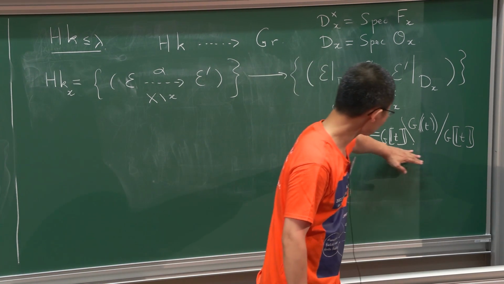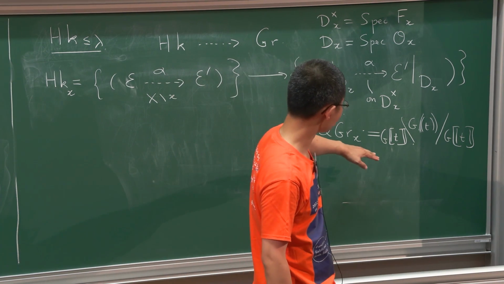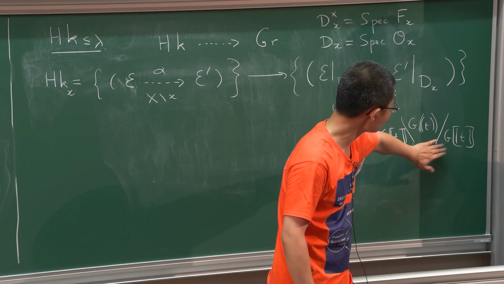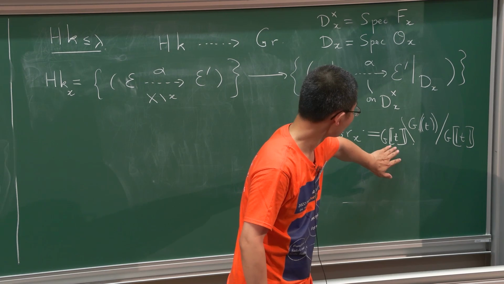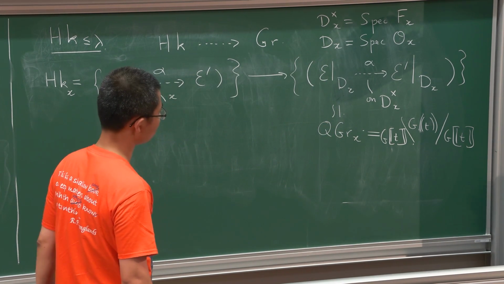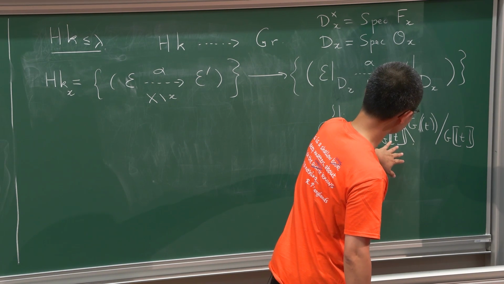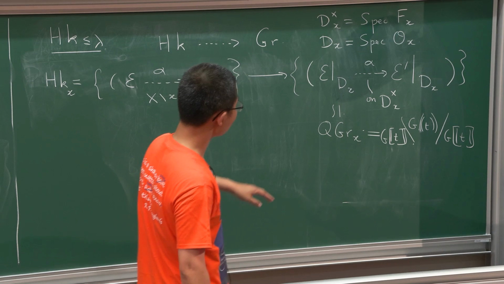So this may look like a bad idea at first, because we have some infinite dimensional variety, which is already a little bit scary. And now I quotient it by an infinite dimensional group. So it's not even clear what the dimension of this guy is.